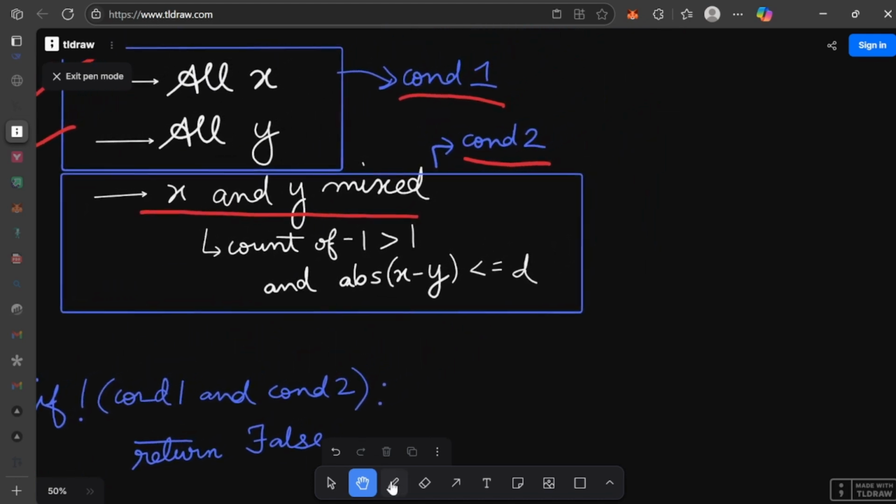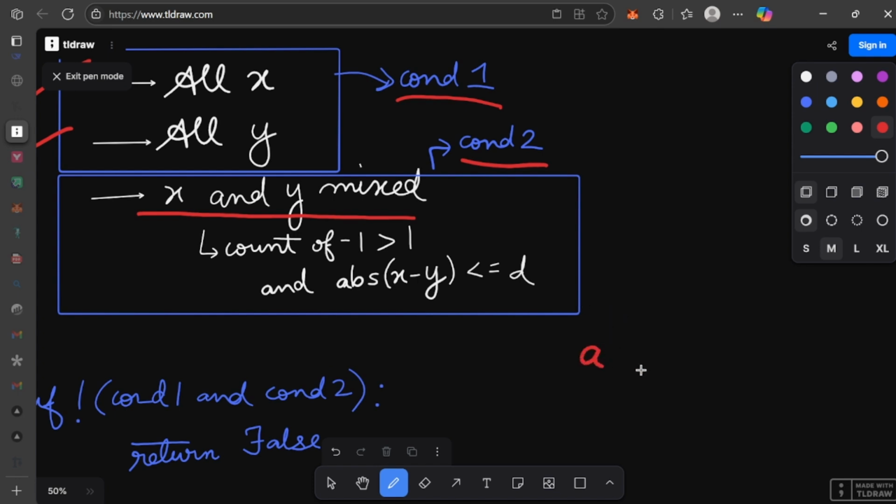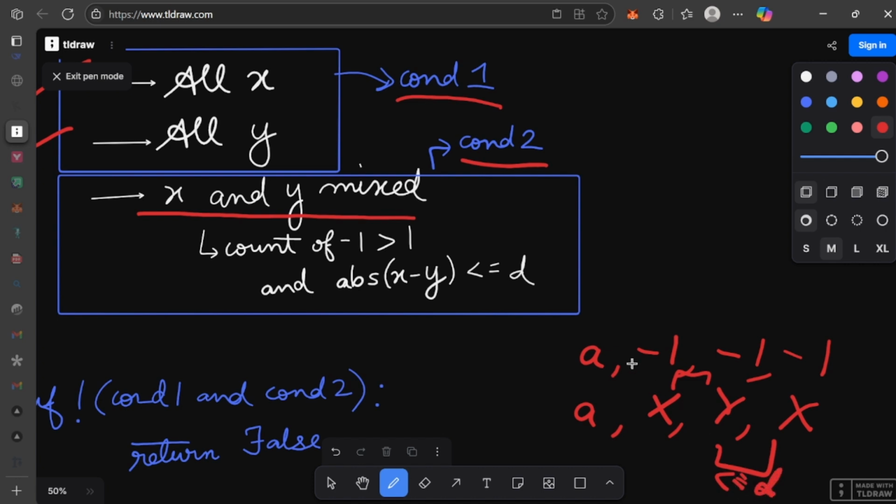Here x y mixed, I'm going to show you this now. Suppose it's a, minus 1, minus 1, minus 1, and instead of this I'm substituting x, y, x. So this difference also I have to check, if it's less than or equal to d. If it's not, then I would straight away return false from this condition.